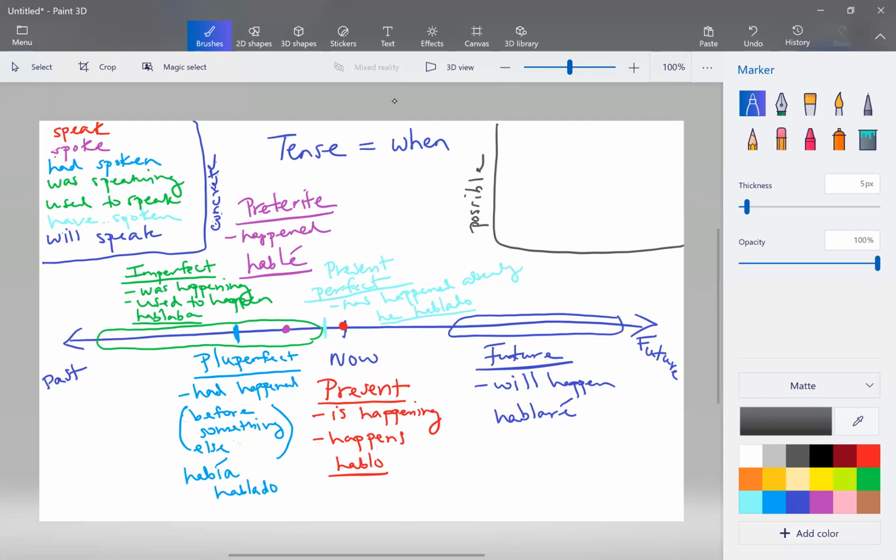So our three tenses that are possible in English look like would speak, that I speak, or that I have spoken. Those are our three possible tenses.